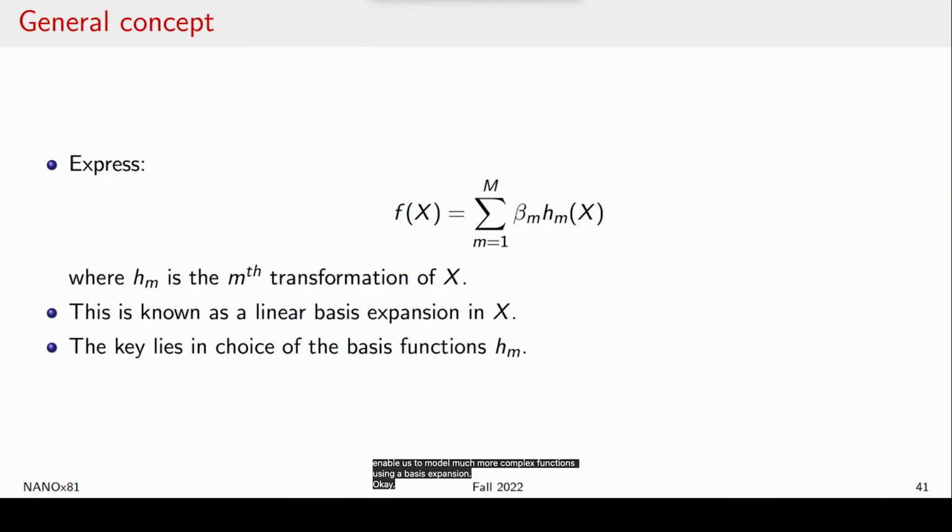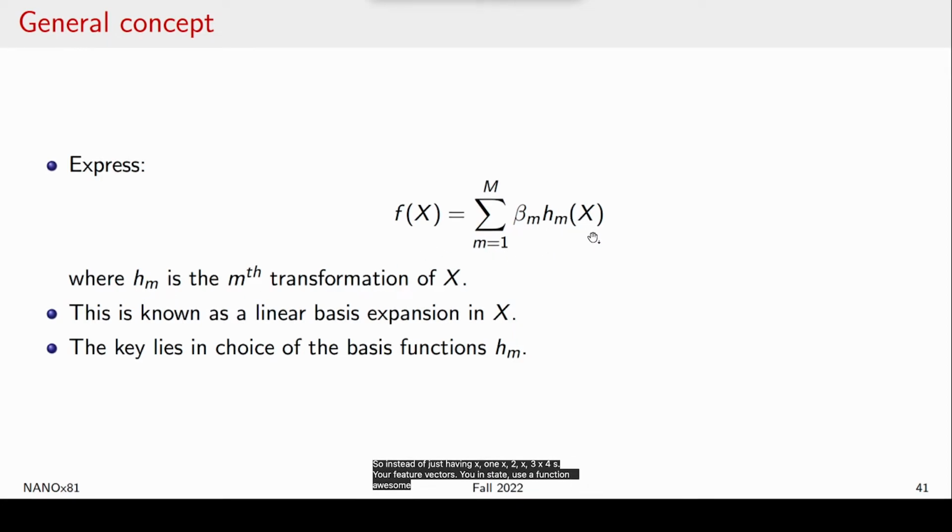Now, the general concept is fairly simple, right? So instead of just having x1, x2, x3, x4 as your feature vectors, you instead use a function of your x1, x2, x3, x4, and so on and so forth, okay?